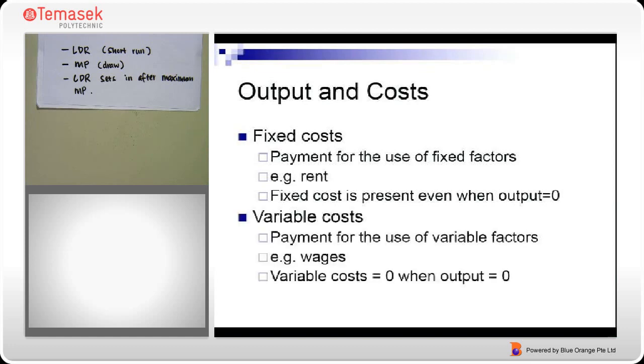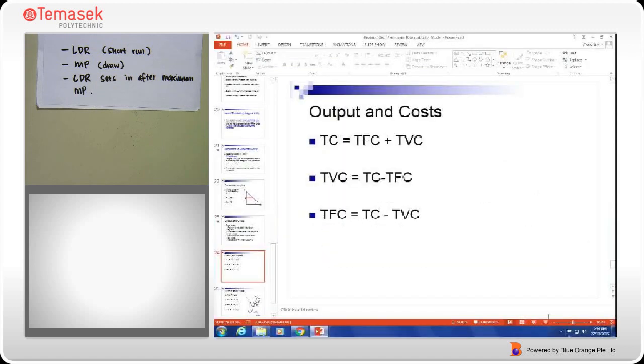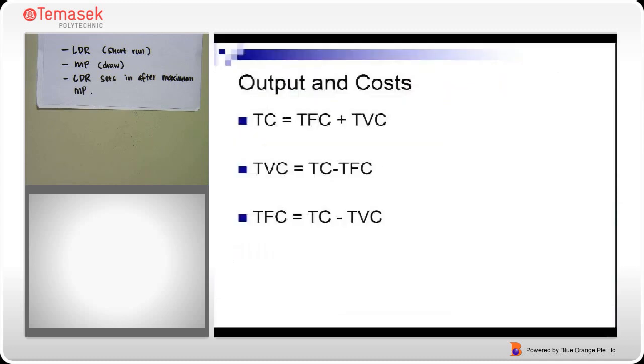The other part that we want to focus on would be the formulas. In the calculation of costs, we separate into fixed and variable costs. And these are the formulas which you are required to remember for fixed costs and variable costs. This is total cost, total fixed cost, and total variable costs.